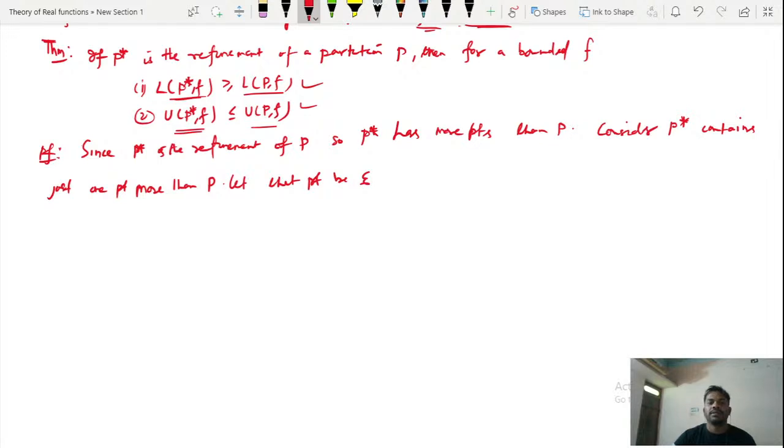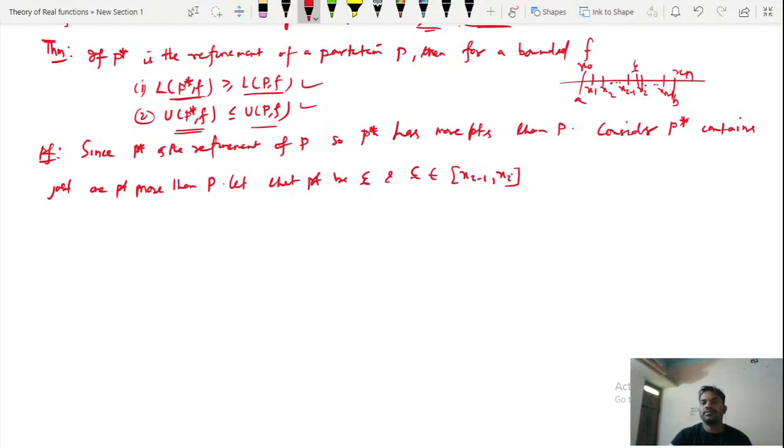Let that point be J, and suppose this J belongs to the ith subinterval. Suppose this is your A, this is your B, and these are x0, x1, x2, up to xn minus 1, xn, and here are the points xi minus 1 and xi.